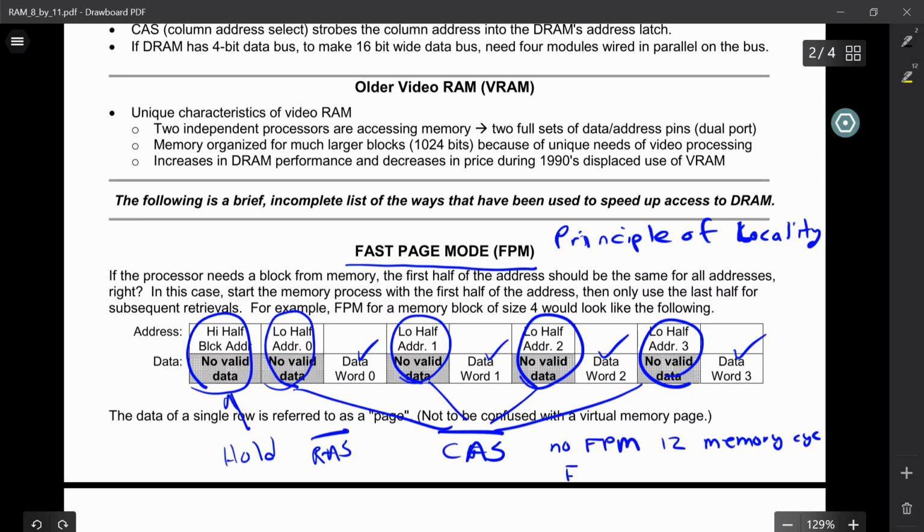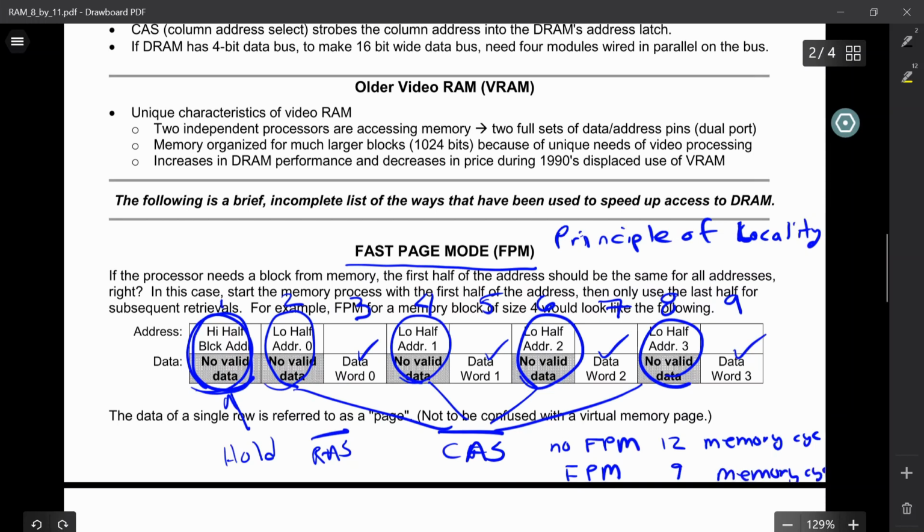But if we have FPM, in other words, this fast page mode, where I give it just the row once, but then give it column, column, column, column, and get the data, how many memory cycles does it take now? Well, it takes 1, 2, 3, 4, 5, 6, 7, 8, 9. It takes 9 memory cycles.